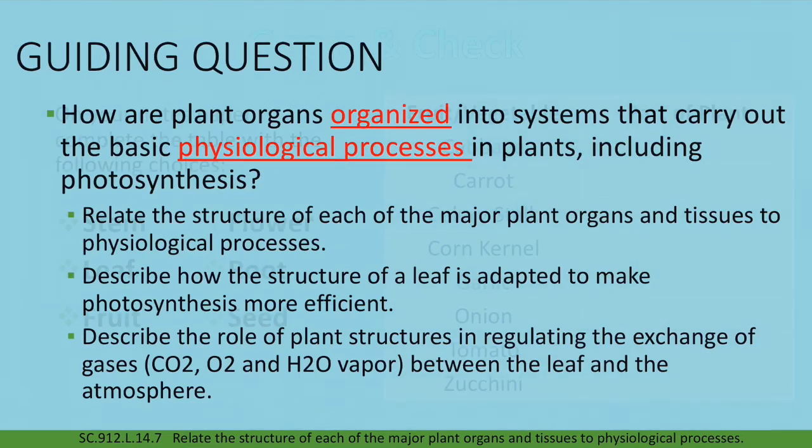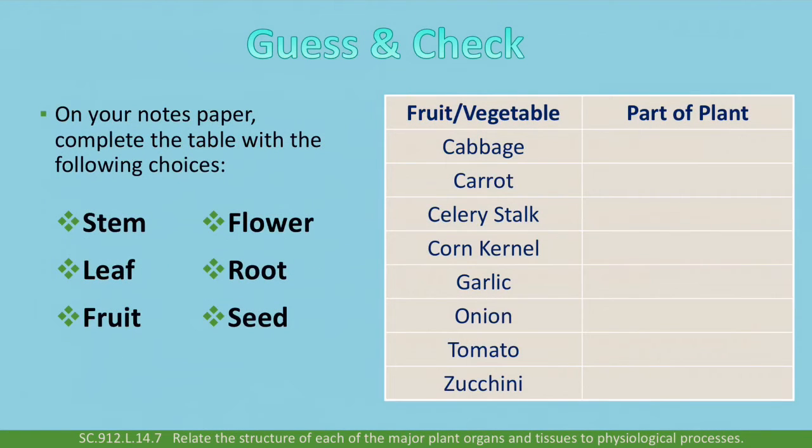All right, so next up, we have a guess and check. What I want you guys to do on your own sheet of paper or on your notes page, whatever it is that you're using, copy down this table here on the right. And what I want you to do is fill out the table with the following choices, either stem, flower, leaf, root, fruit, or seed. What I want you to do is look over here at the fruit and vegetable section.